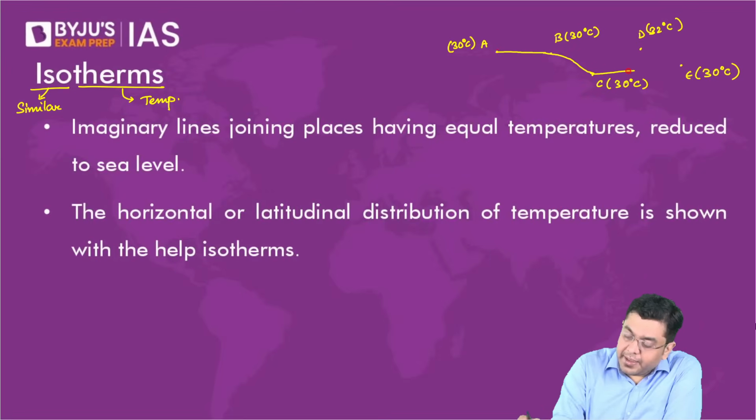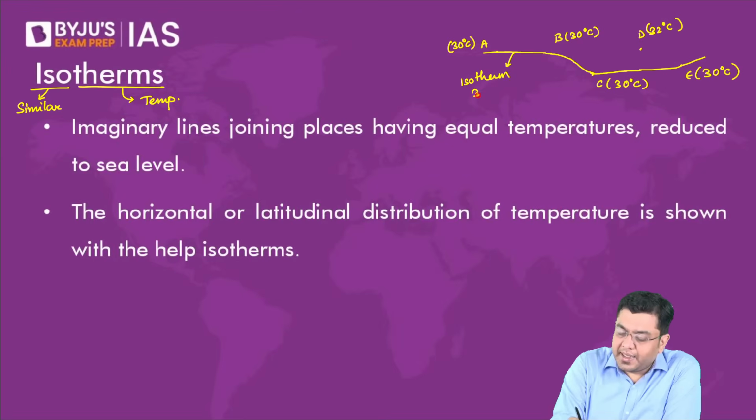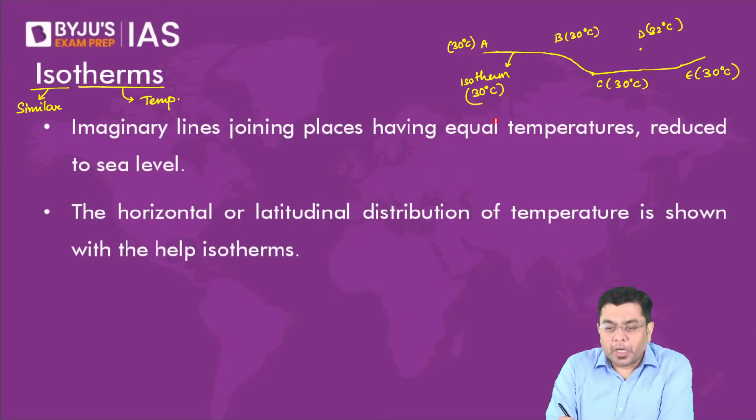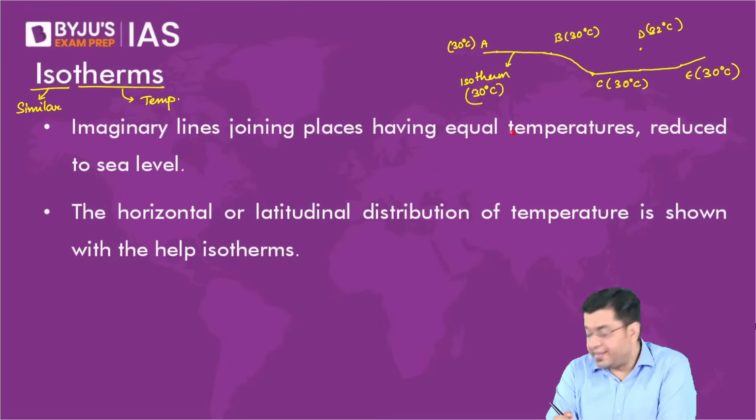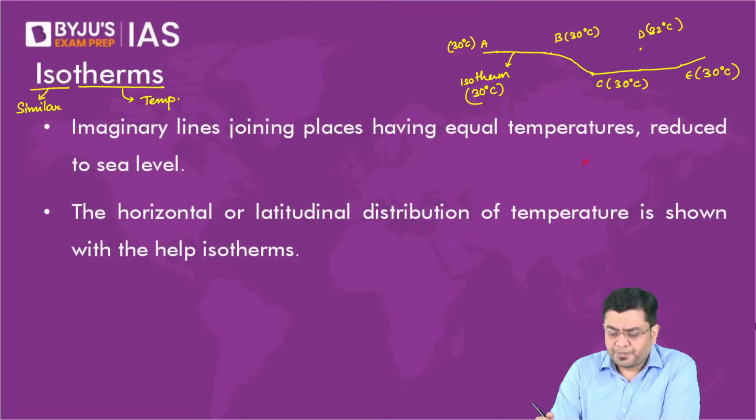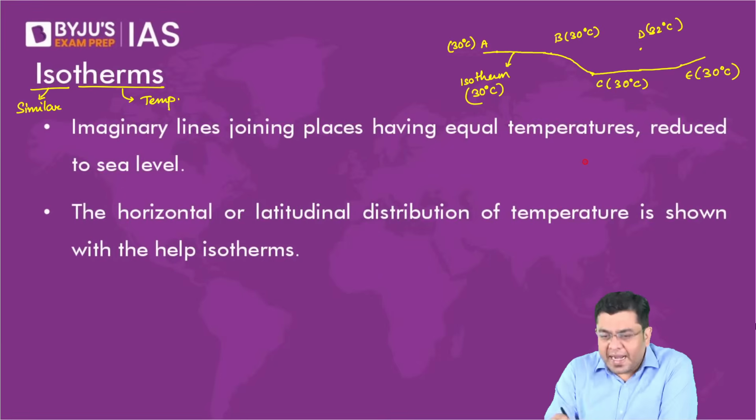that are indicating the equal temperature. So this is what is going to be an isotherm. This will also be referred to as a 30 degrees Celsius isotherm because it is joining all the places indicating 30 degrees Celsius. Hence, it will be referred to as a 30 degree C isotherm as well. Now, can we say that any place lying on this isotherm will indicate 30 degrees Celsius?